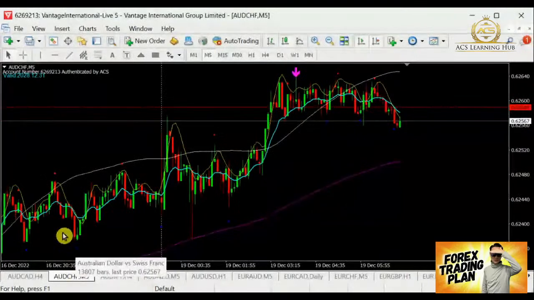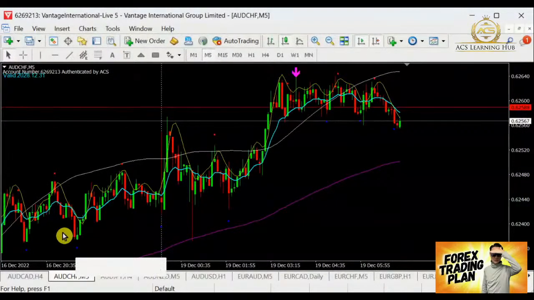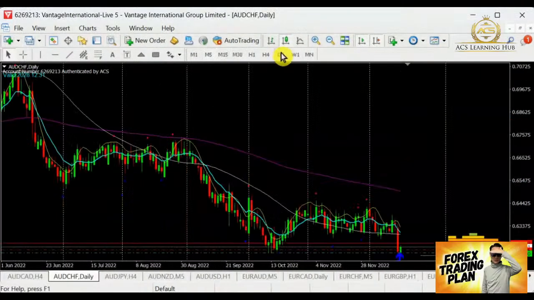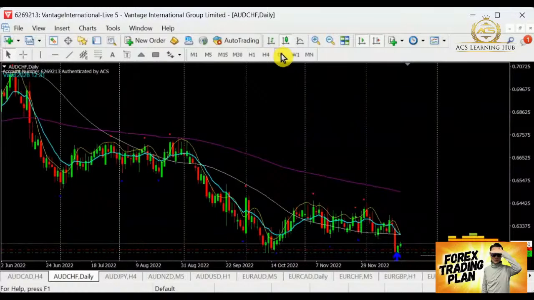I'm going to take a look at this Aussie franc. Aussie franc over here. We are taking a look at this: will it actually start to get a good swing down at this point here?